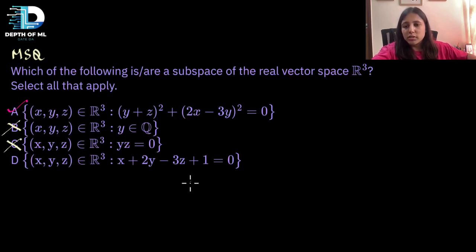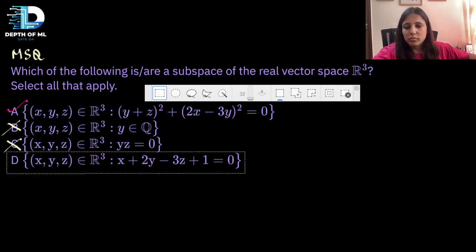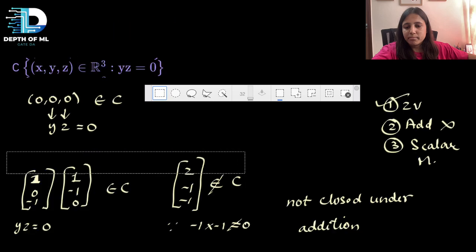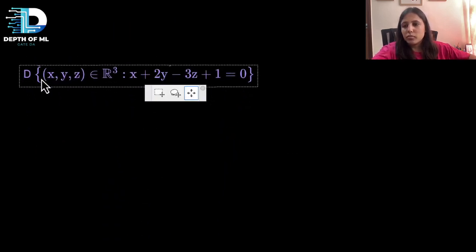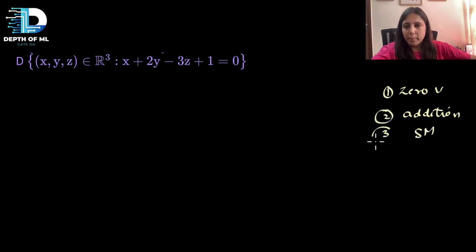Now we have to check this option. So we'll check the zero vector, addition, and scalar multiplication. Okay, 1, 2, and 3. Fine. So we have to find vectors such that they satisfy this form.